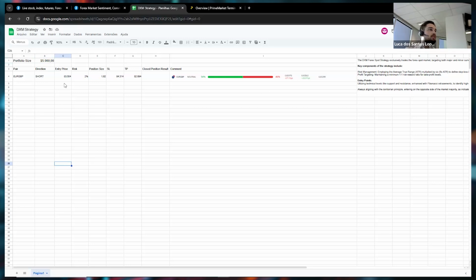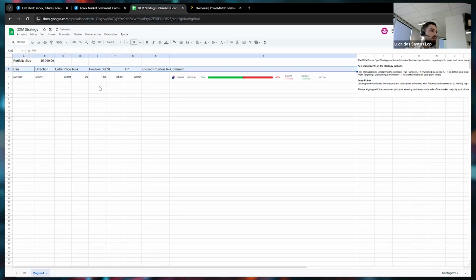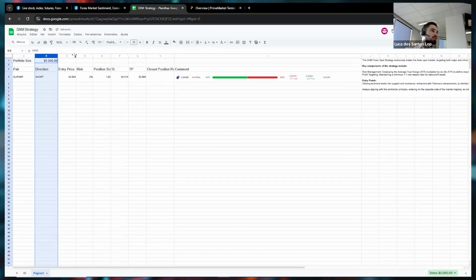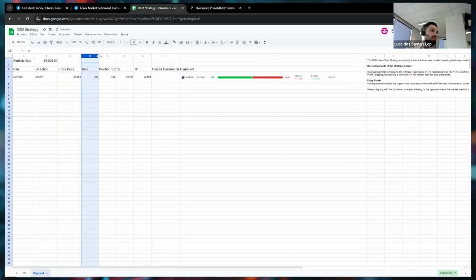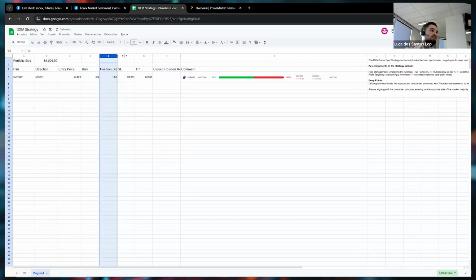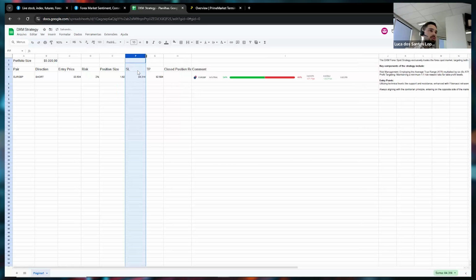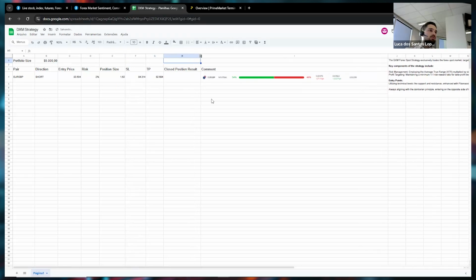I've divided this in a few ways. I've divided it into the pair, the entry price, the risk we take into the position size, the stop loss, the price of the stop loss, the take profit price as well, the close position result, and the comment.